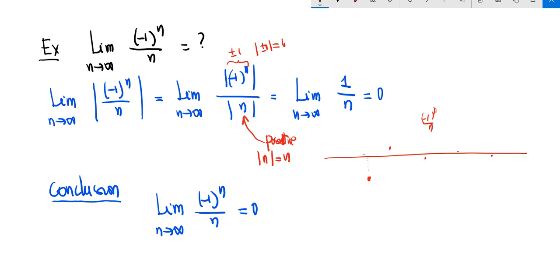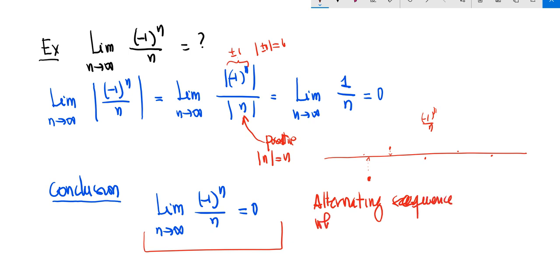The distance between each term and 0 is getting closer and closer to 0 as n is getting bigger and bigger. So it does make sense that the sequence will converge to 0, right? So this is an example of an alternating sequence which is convergent.